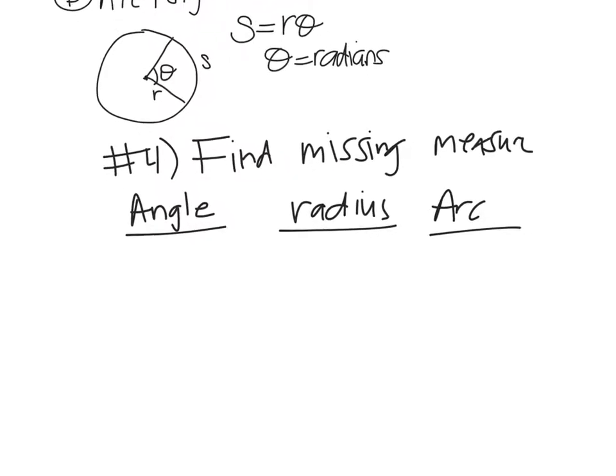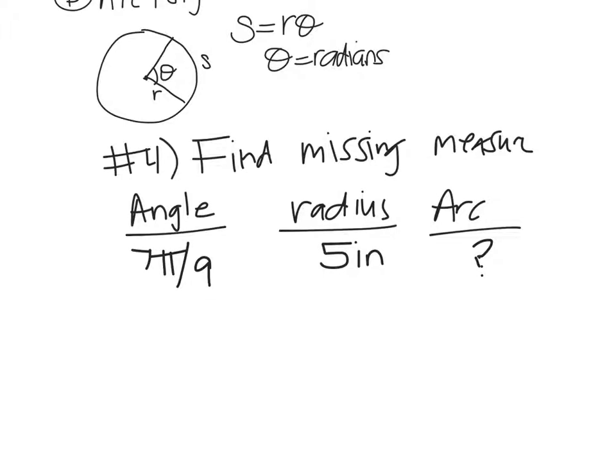I'm going to give you two pieces of the puzzle, and you have to find the third piece. So let's say that the angle is 7 pi over 9, the radius is 5 inches, and the arc length is question mark. We're going to find the missing piece of information.